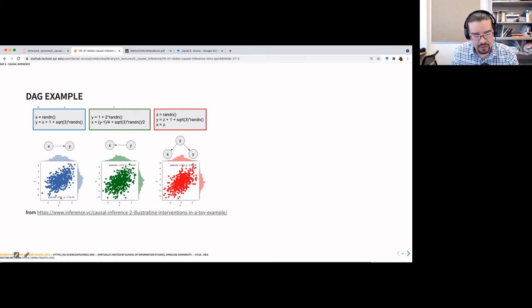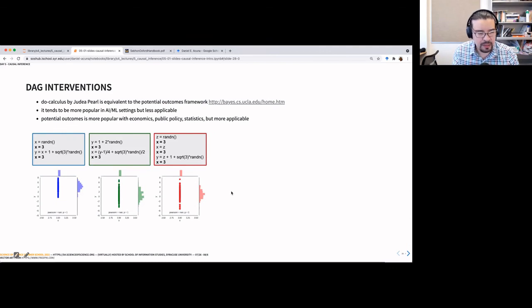But this is a causal graph. I won't get into details, but in statistical models, when you set a variable, you just condition on the variable and you will still have influences. So it won't tell you which of these models is correct if you only have a probability distribution. This is different. This is causal.